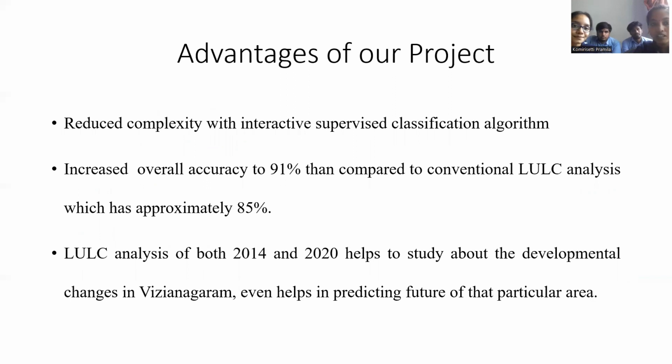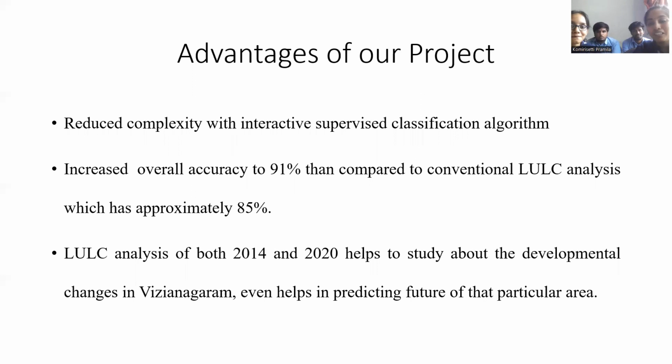The advantage of our project, when compared with other conventional land use land cover analysis, is that the complexity is completely reduced with the introduction of the interactive supervised classification algorithm, and the overall accuracy is increased to 91% when compared with conventional land use land cover analysis.